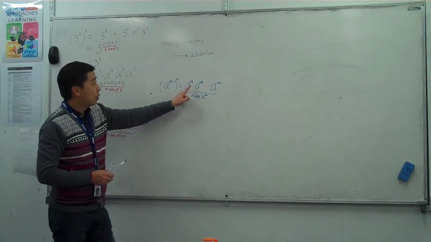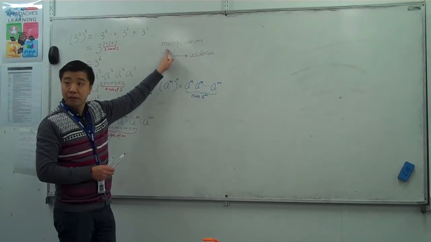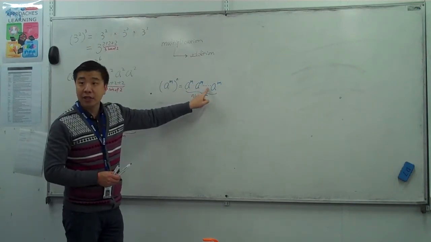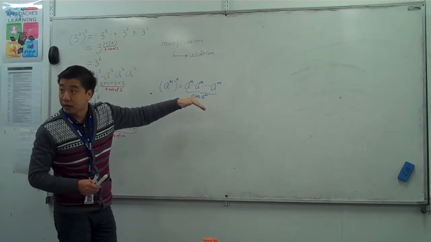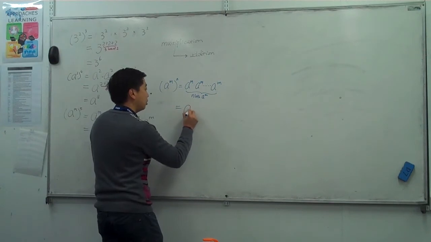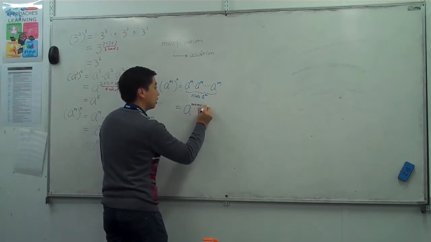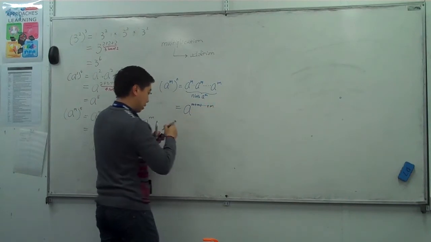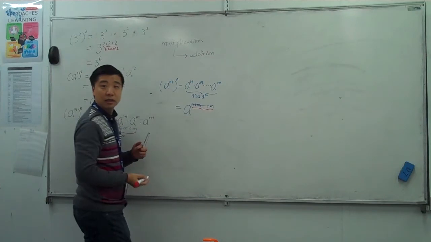Now we have n lots of a to the power of m. According to the law, if you do multiplication, we plus the power. Is that correct? Now, we have a to the power of m plus m plus. Now, tell me how many m's? n.